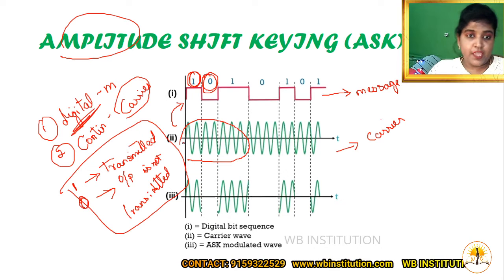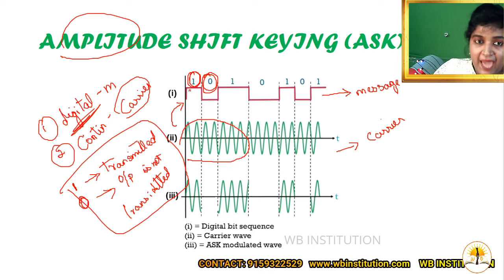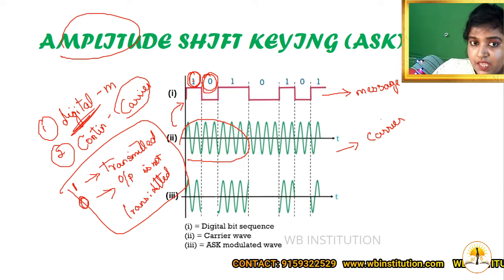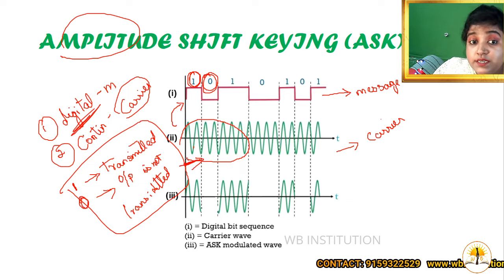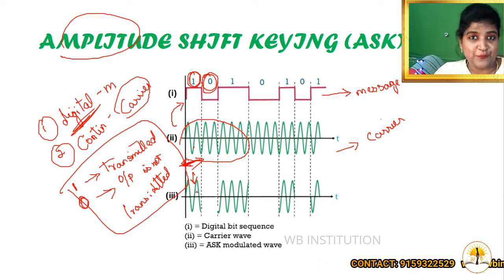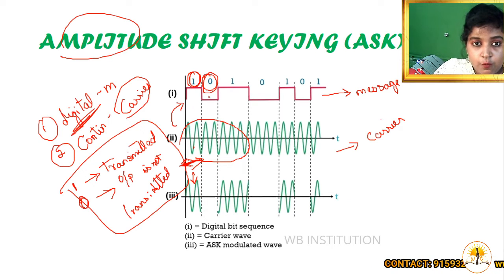Understood? Fine. Now getting into the comparison: when my digital signal is 1, the output signal is transmitted. What sort of output signal is transmitted? The carrier. Under this 1, your carrier signal is transmitted over here. Understood? So next, going for your 0. When it is 0, no signal is transmitted.